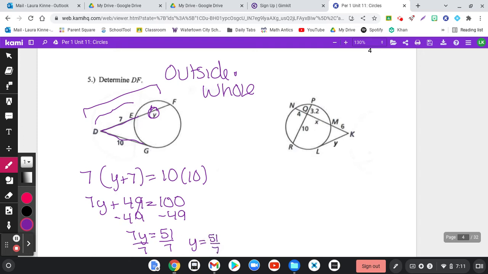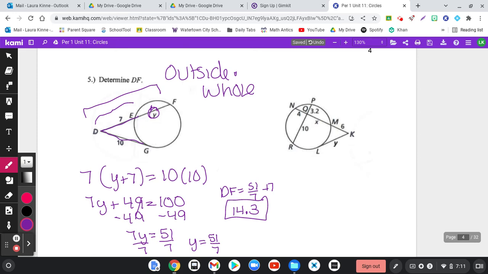So if we want to now figure out DF, I'm going to take that 51 over 7 plus the 7, put it in your calculator, 100 over 7, which is also equal to, if you just divide, 14.28, so 14.3. All right, normally those will work out okay for you though.